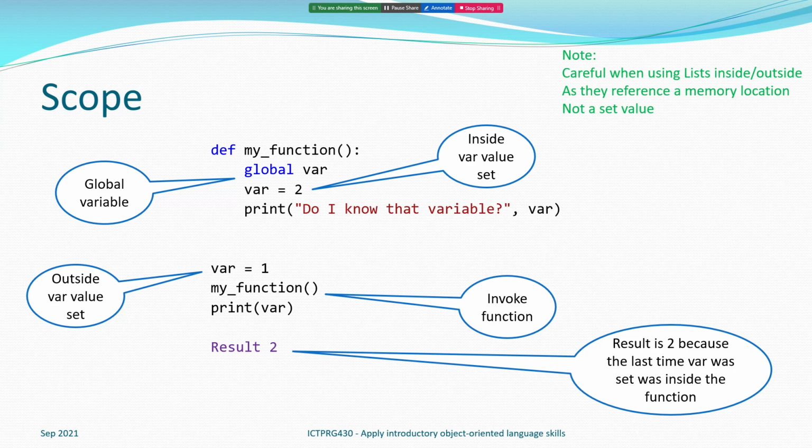Then we call the function. So we are defining a new value for that variable as part of the function. So when we go to print var, it will now equal 2 because it's a global variable.